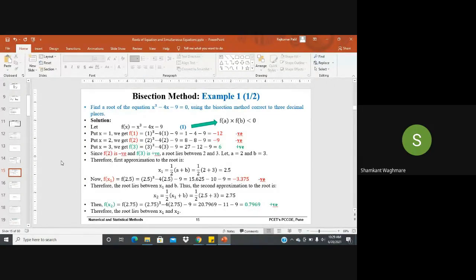Sir, I have calculated the roots on a calculator, and the first root is right, and the other two roots are complex numbers. Yeah, this is possible. Then how can we find the complex roots by this method? Yeah, this method is especially used for calculating the real root. So that's why in the exam we try to find only the real root.